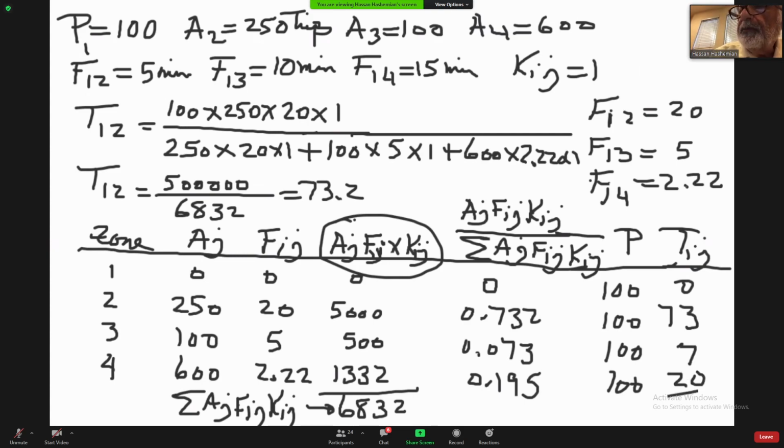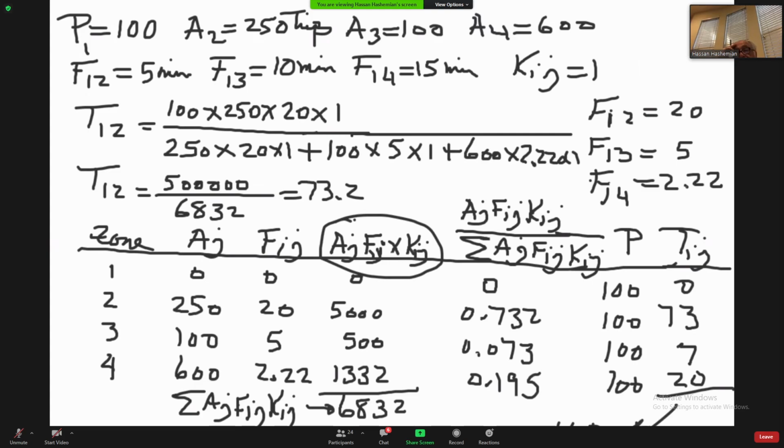So the total will be what? 100, correct? So that's the way you can do it. You can put those in the formula the way I showed you at the beginning, or you can put it in a tabular form, which is this way. Whichever you prefer is fine. This is good too. This is pretty organized.